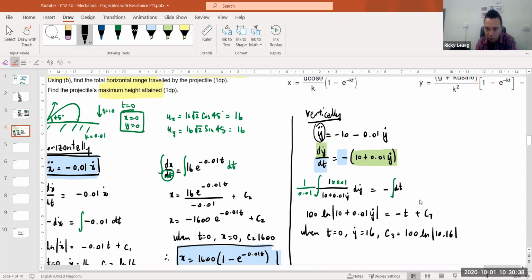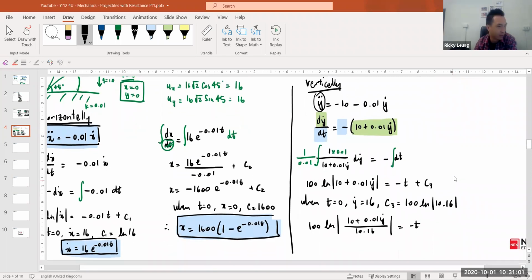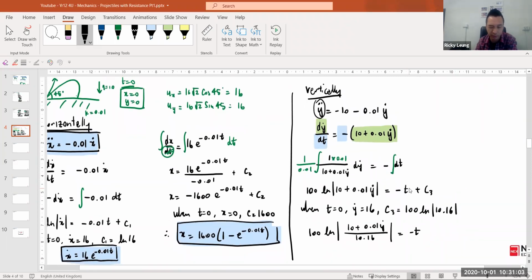Now what am I trying to do? I'm going to move the ln's over, combining. When I sub this in and move it over, I get 100 ln of (10 plus 0.01 y dot) all over 10.16 equals minus t. So I divide the 100 over, so it becomes 0.01, and I'm trying to make this expression the subject.